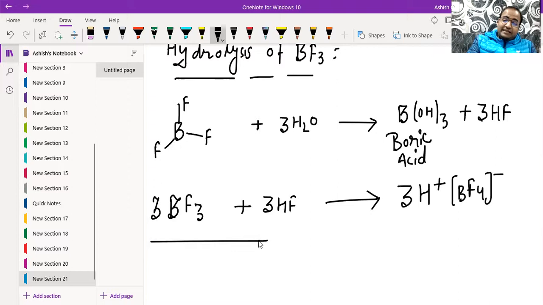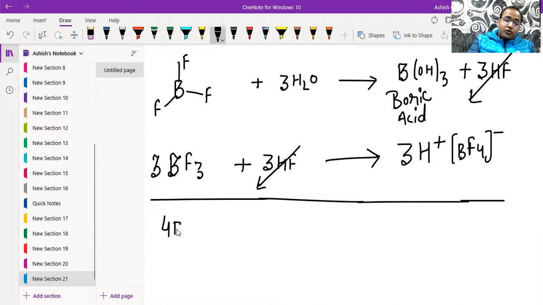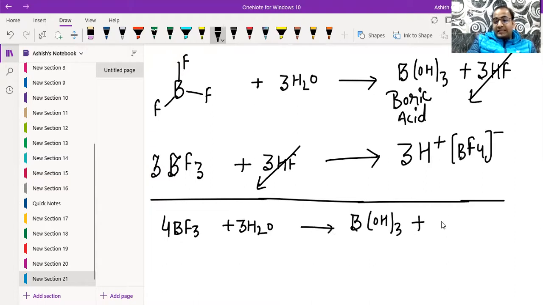When I add these two equations, what is the final result I will get? The HF molecules get cancelled out. What I will get is 4 moles of BF3 when reacted with 3 moles of water, I will get B(OH)3 plus 3 moles of H+ ion plus 3 moles of BF4-.